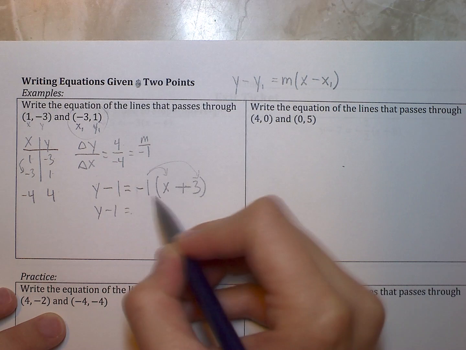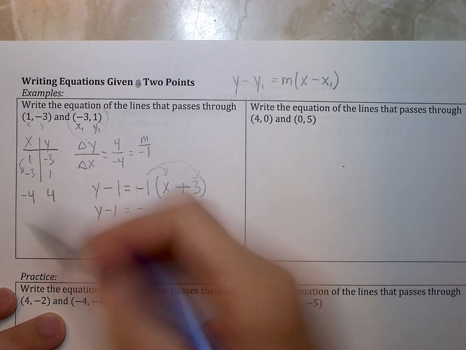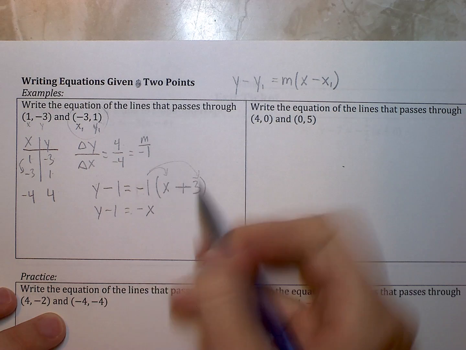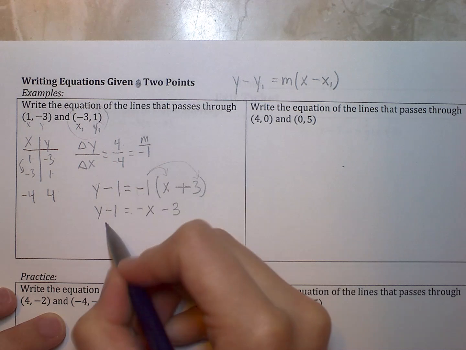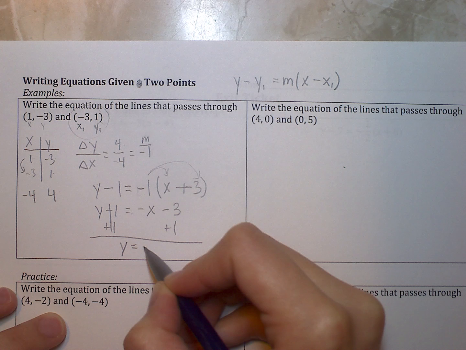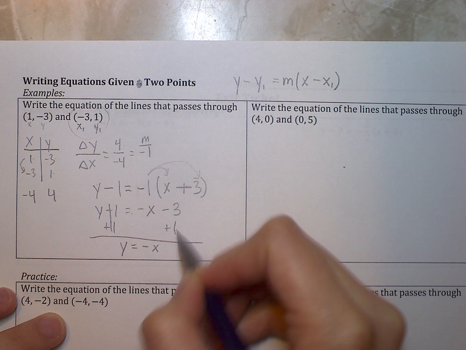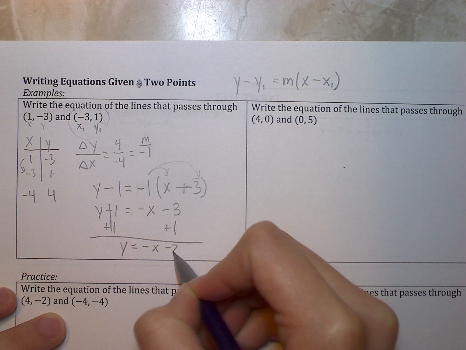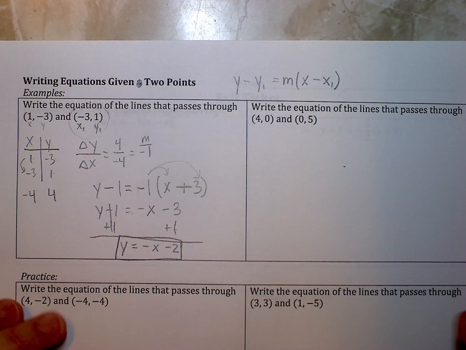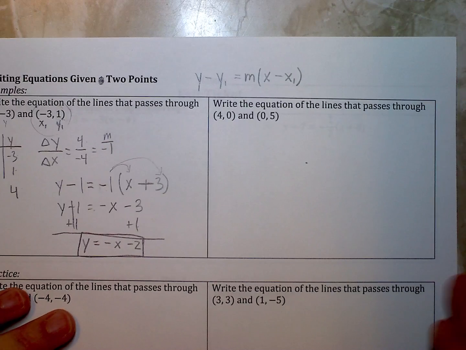Bring down y minus 1. -1 times x is -1x, or you could just write negative x like this, that's fine. And -1 times +3 is -3. Add 1 on both sides. y equals -x, -3 plus 1 is -2. Okay, there we go. And I'm going to do one more, and then it's going to be your turn.